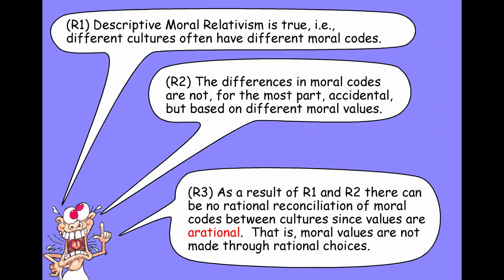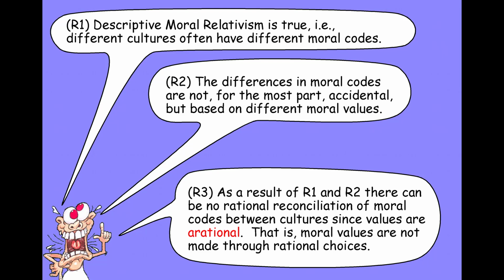And then the third assumption is really drawing those first two assumptions together and saying, look, if in fact we find that different cultures have different practices, different moral codes, and we find that those different moral codes follow from different moral values, then we want to conclude that there can be no rational reconciliation of these moral codes.